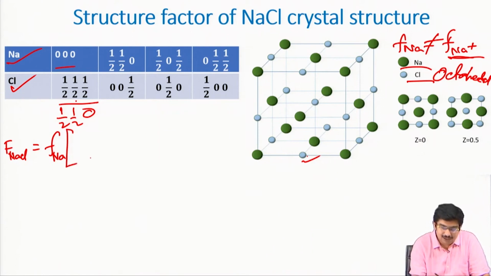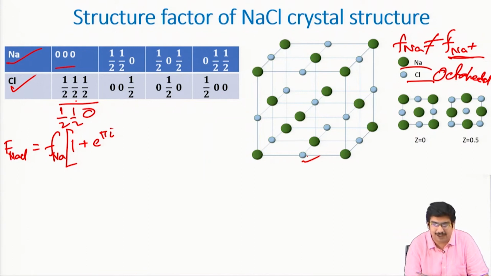And then we know how to get the later part, the phase part, and we write it as 1 plus e^(πi(K+L)) plus e^(πi(L+H)). This is typical for an FCC, the one that we have already derived.